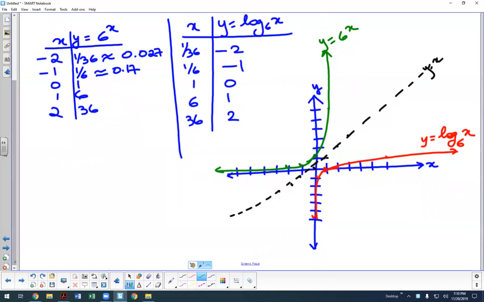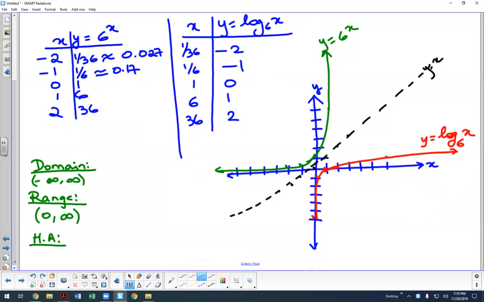Okay, so let's talk about the exponential function first. Remember again, the domain for all exponential functions is negative to positive infinity. The range for the exponential function starts at 0 and goes up to positive infinity.